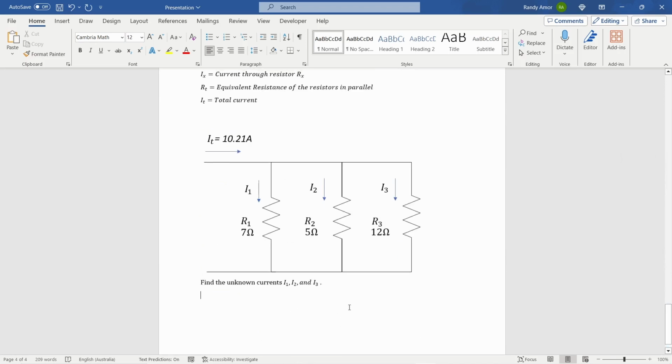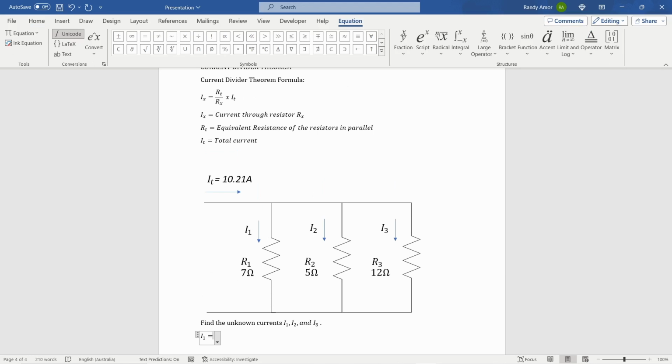In order to find I1, I1 will be equal to RT, which is 2.35 ohms, divided by Rx, which in this instance, because we're calculating I1, is R1, which is 7 ohms.